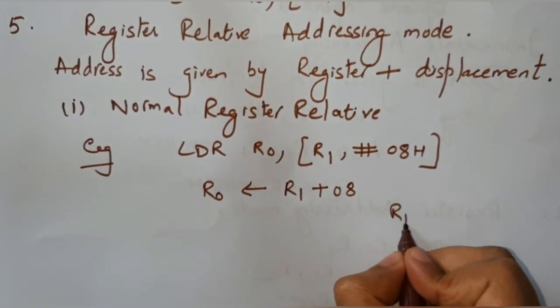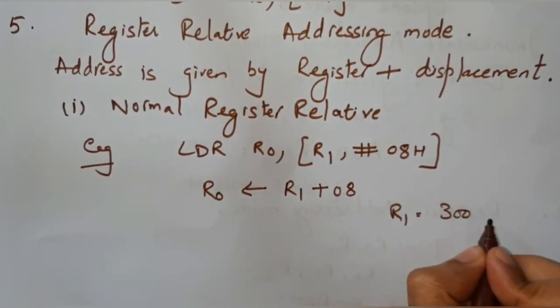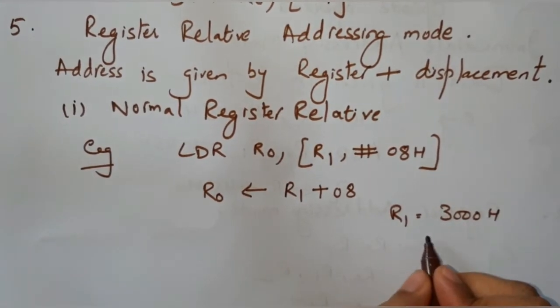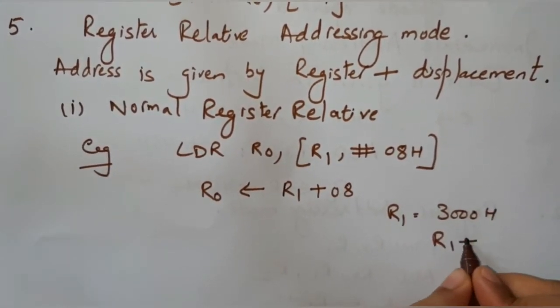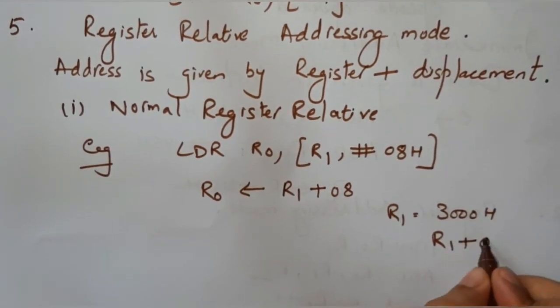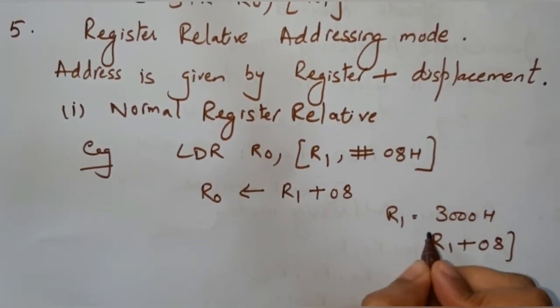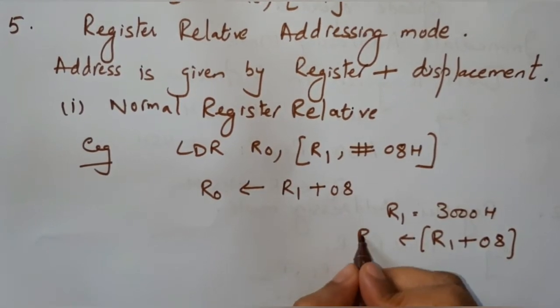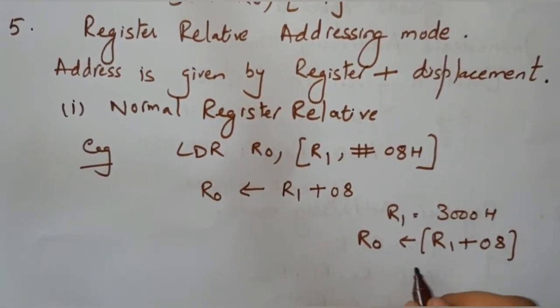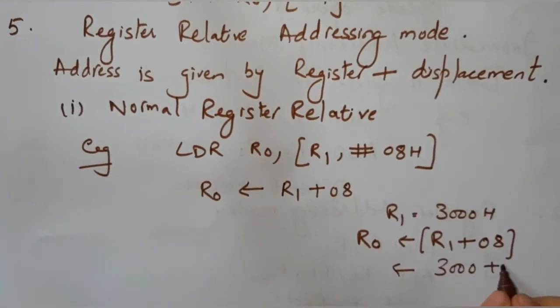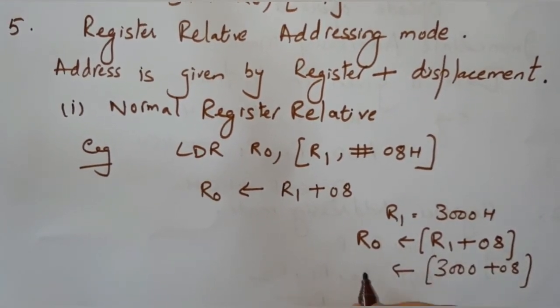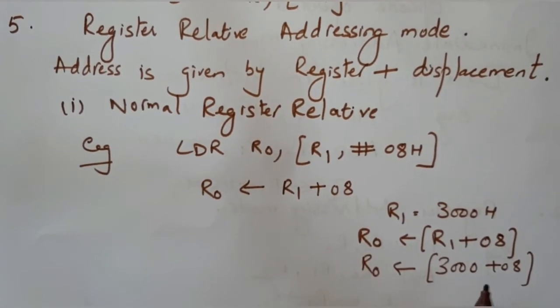If we take R1 as location 3000H, the memory location in R1 will be added to the 08 and its content will be moved to R0. So R1, 3000, plus 08 will be the address.